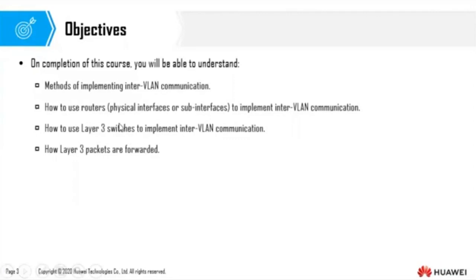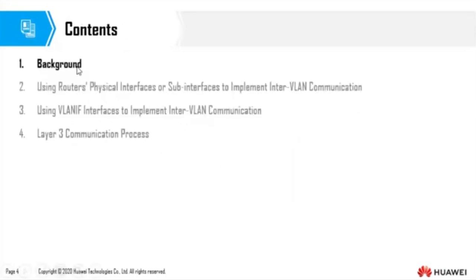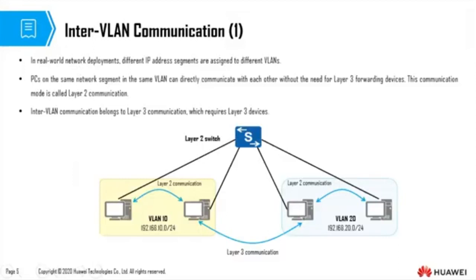So I hope you're seeing that we have two ways. You can either use a router or a layer 3 switch to implement inter-VLAN communication. It has to be a layer 3 device either way. And how layer 3 packets are forwarded between VLANs. You should be able to understand that by the end of this chapter. So let's begin with the background.